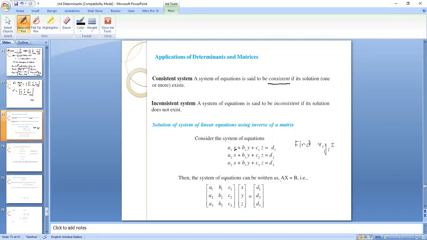The first matrix we are naming A. The second matrix, x, y, z, which we have to calculate, we are naming capital X, and the matrix on the right hand side we are naming capital B. If you multiply the two matrices, a1x plus b1y plus c1z is equal to d1, you get the first equation. Second row, first column, a2x plus b2y plus c2z is equal to d2, second equation. a3x plus b3y plus c3z is equal to d3, third equation. That means we can represent this in matrix form.